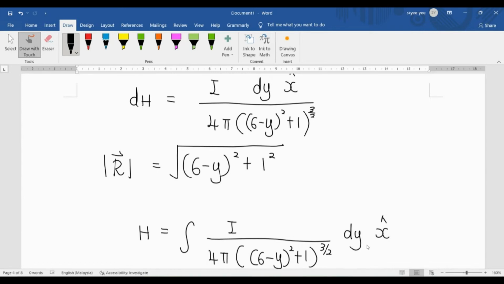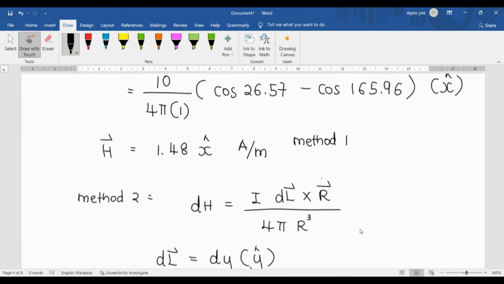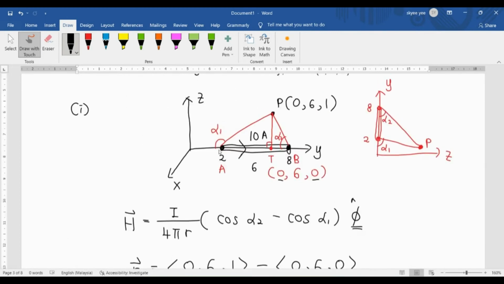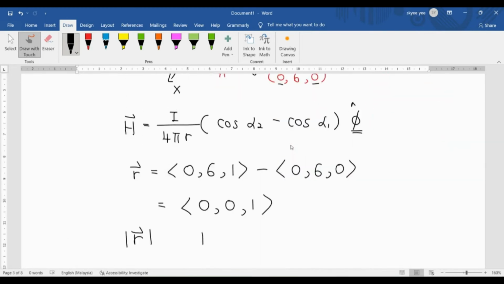For the interval of y, you can look at the length of your current filament, from 2 to 8.